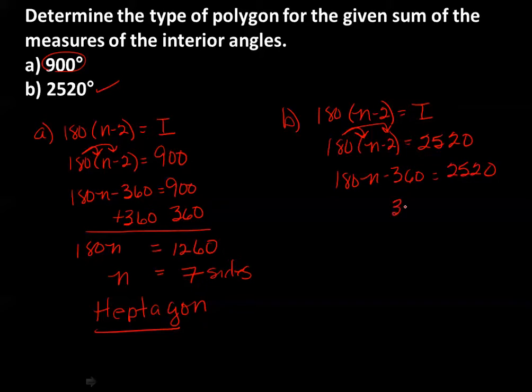And then I'm going to add 360 to both sides. I get 180n. Oh, I got to put that one in a calculator. That's a big number. 2520 plus 360 is going to be 2880. And then I'm going to divide that by 180.